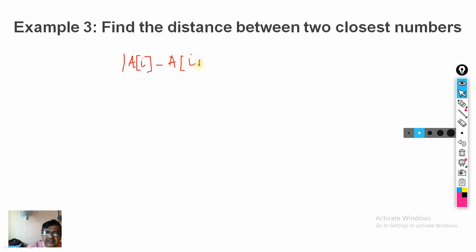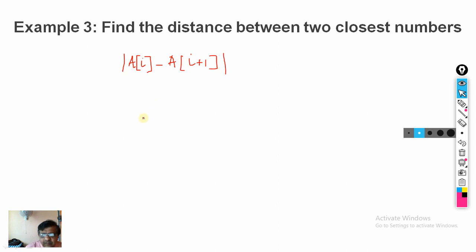The numerical difference between the values of neighboring elements, and its absolute value, is called the distance between the numbers. And we need to find the pair of elements which possesses the least possible value of the difference.